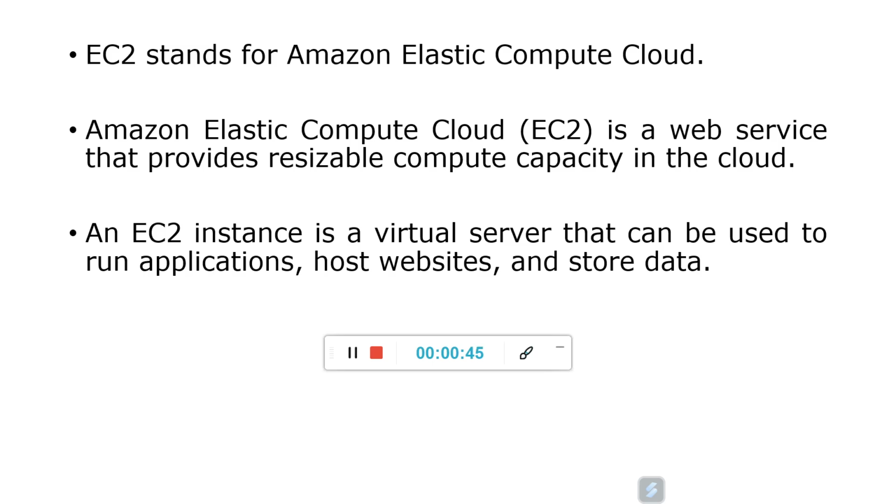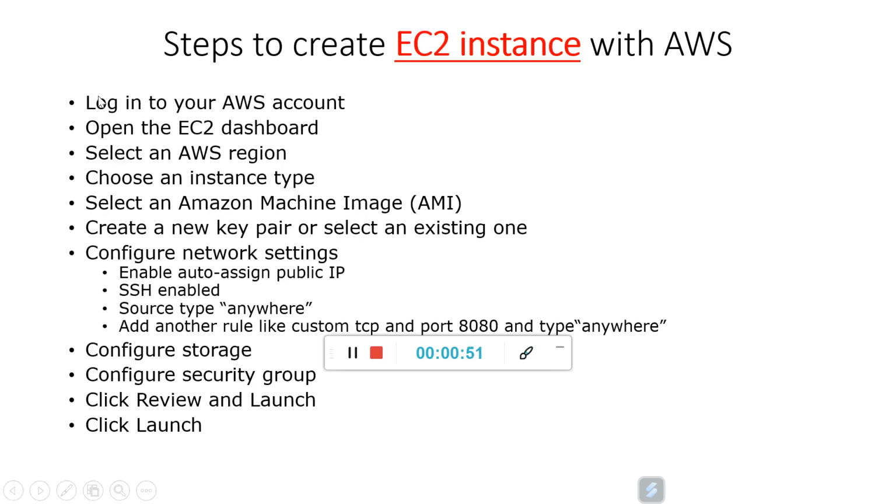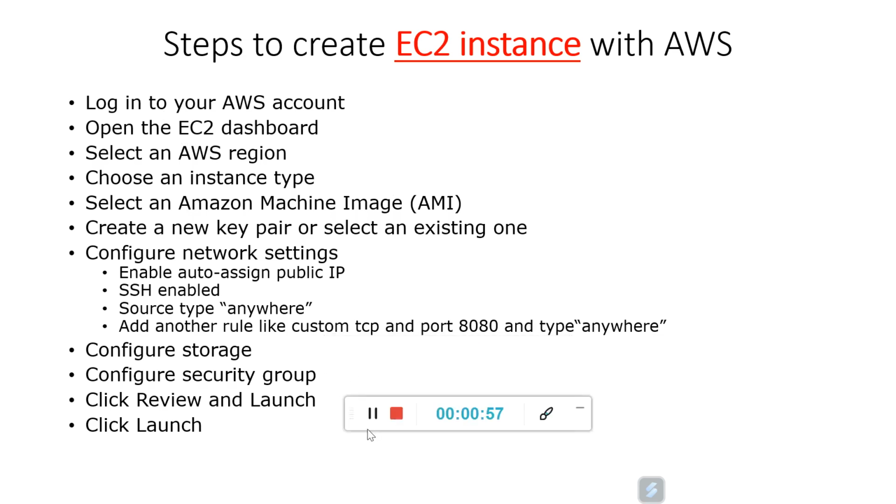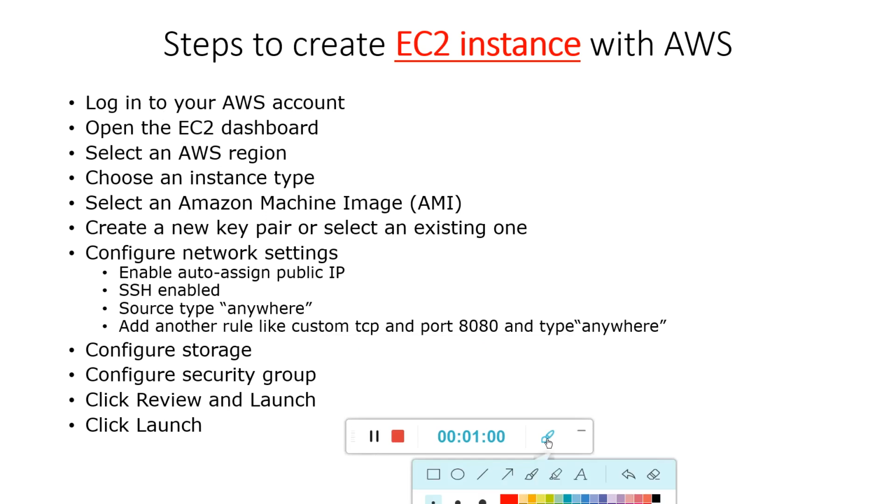Next, coming to the steps to create EC2 in AWS. The first step is you need to log in to that account, and from the second step onwards, the actual process begins.